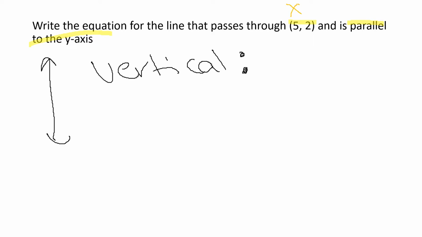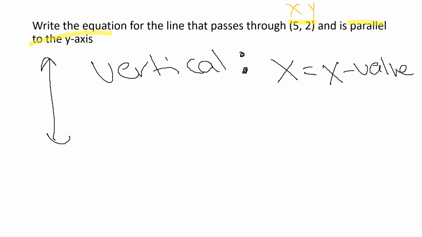This is your x value, this is your y value. And the formula is, if you have a vertical line, the equation of the line is x is going to be the x value.